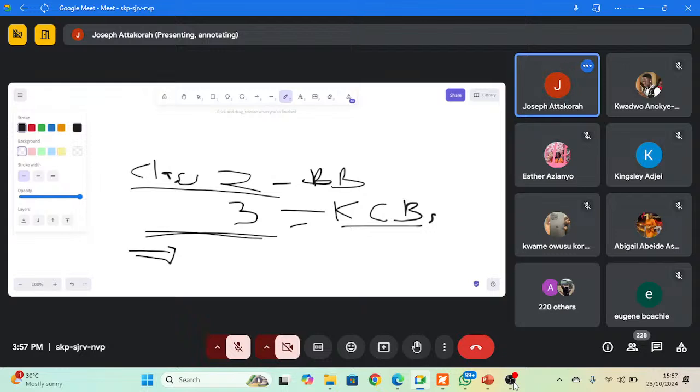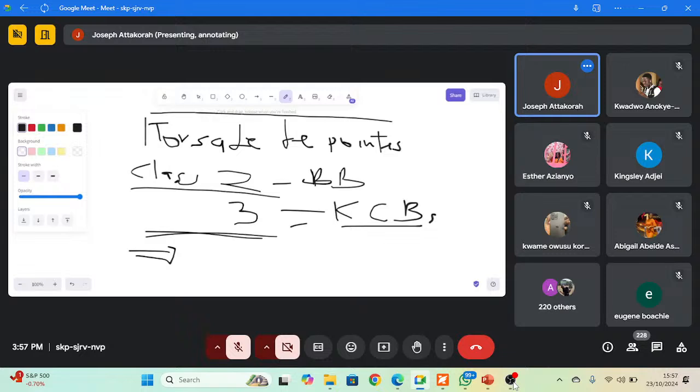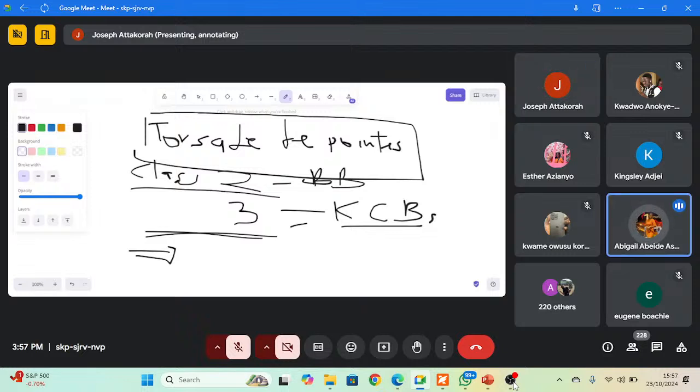What is this? There is a twisting or rotating of the QRS complex on the ECG.